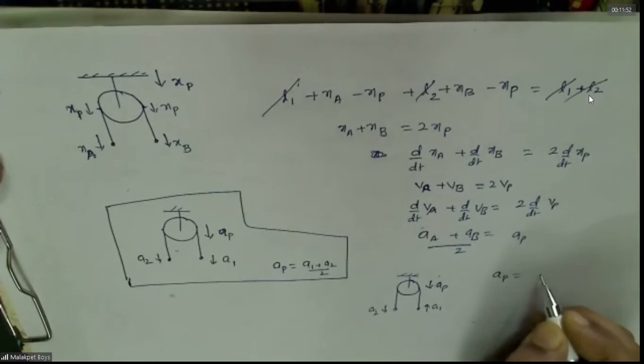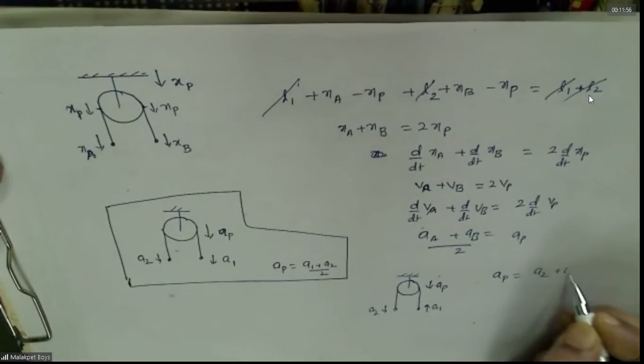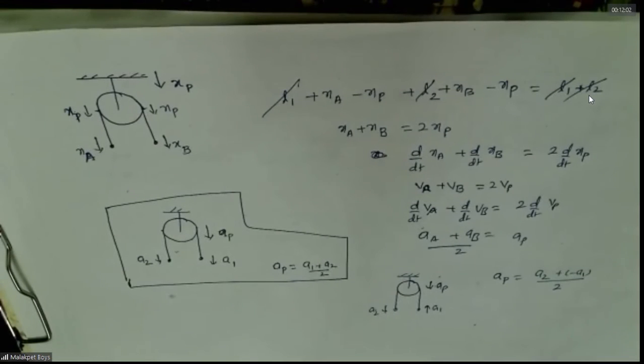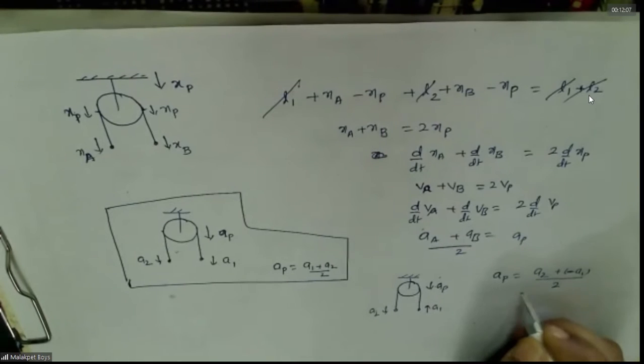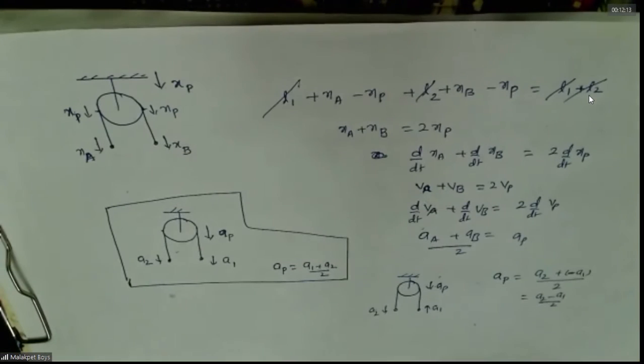So you will take the same sign. This is opposite to this. So you have to take. Understood or not? Understood, sir. You have taken negative sign just because it is opposite.